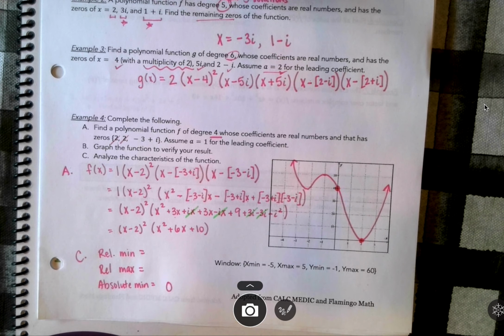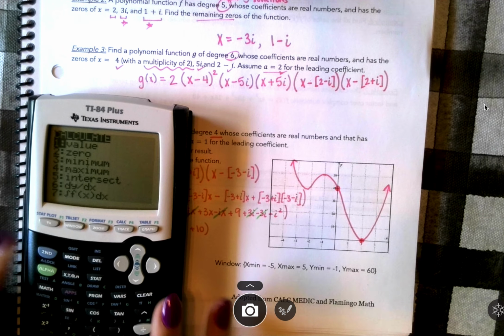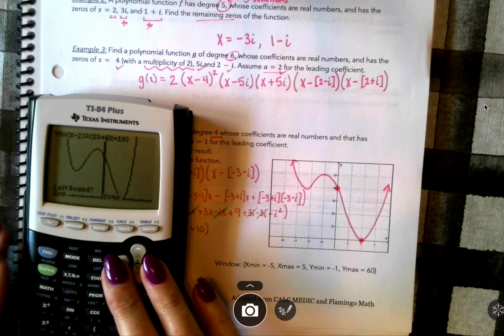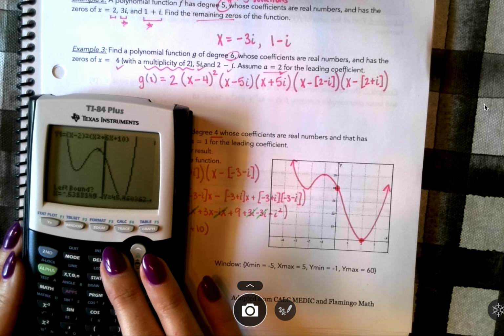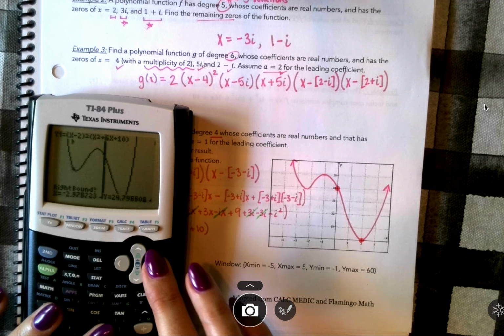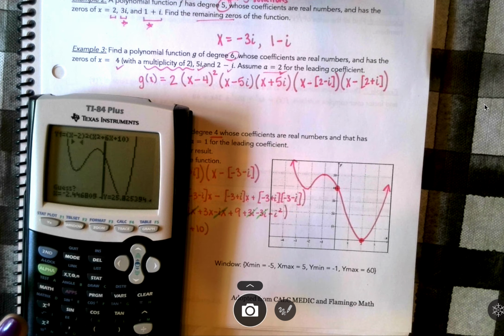My relative min, so in my graphing calculator, I did second trace, and I want to calculate my minimum. I have one over here. So left bound, I'm going to go just slightly to the left of it, hit enter. Right bound, slightly to the right of it, hit enter. And then guess, I hit enter again.